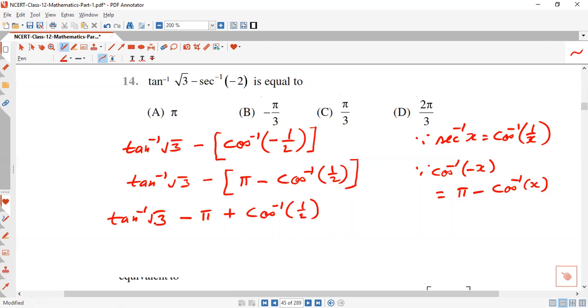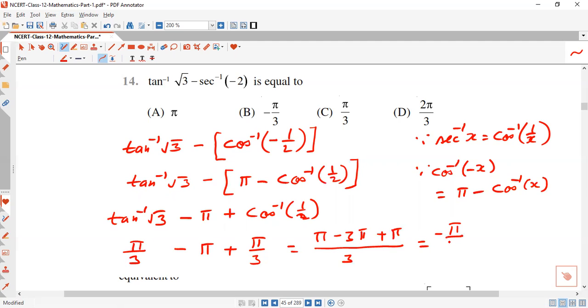So tan inverse root 3 comes out, you know very well, pi by 3. This is pi. And cos inverse half comes out again, you know, pi by 3. So taking LCM 3, what are we getting? Pi minus 3 pi plus pi. It comes out minus pi by 3. So minus pi by 3 will be the answer of this question, B is the answer.